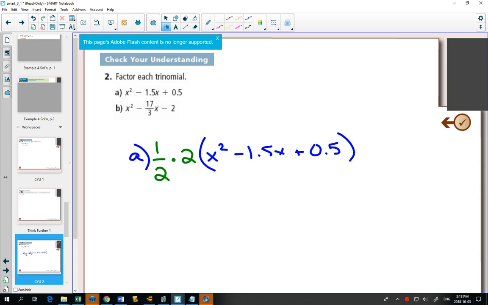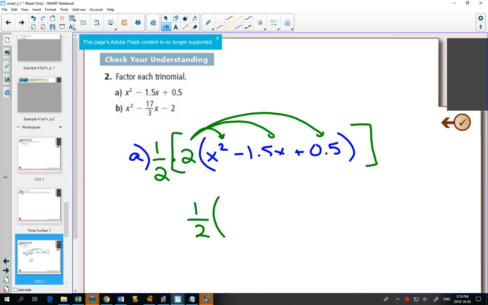But what's going to happen here is I'm going to take the 2 and distribute it and leave the half out in front. So my expression becomes this: the half stays out in front, and when I multiply the 2 through, I get 2x squared minus 3x plus 1.